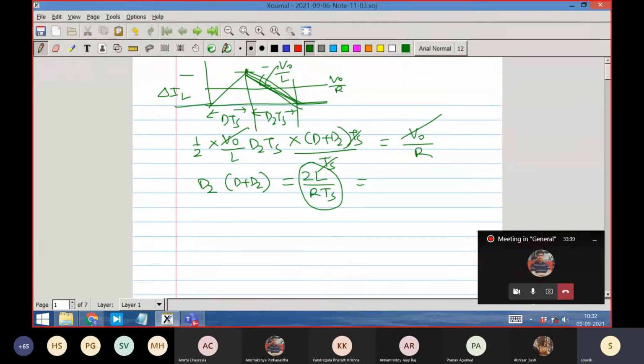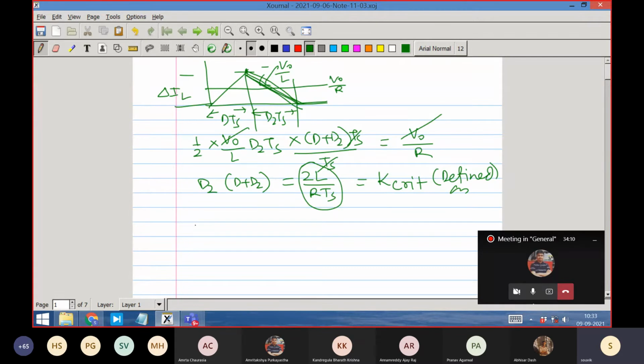These three parameters have a similar effect on the converter's conduction condition. Whether it will be in continuous conduction or discontinuous conduction is determined by these L, R, Ts parameters, right? So this is what we define as K crit, the critical conduction parameter, defined as 2L by R Ts.